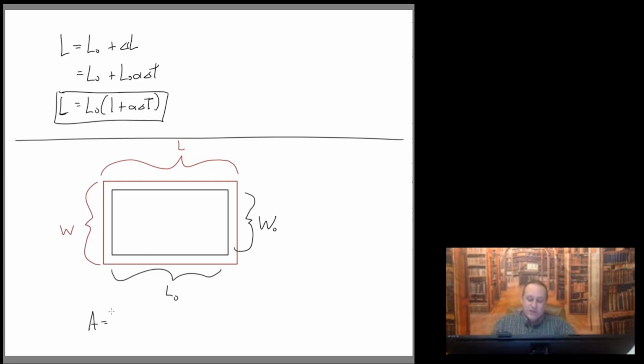So the area is just going to be the new length times the new width, but the new length would be the old length times 1 plus alpha delta T. And the new width would be initial width times 1 plus alpha delta T. And what we get is L naught times W naught times 1 plus alpha delta T quantity squared.